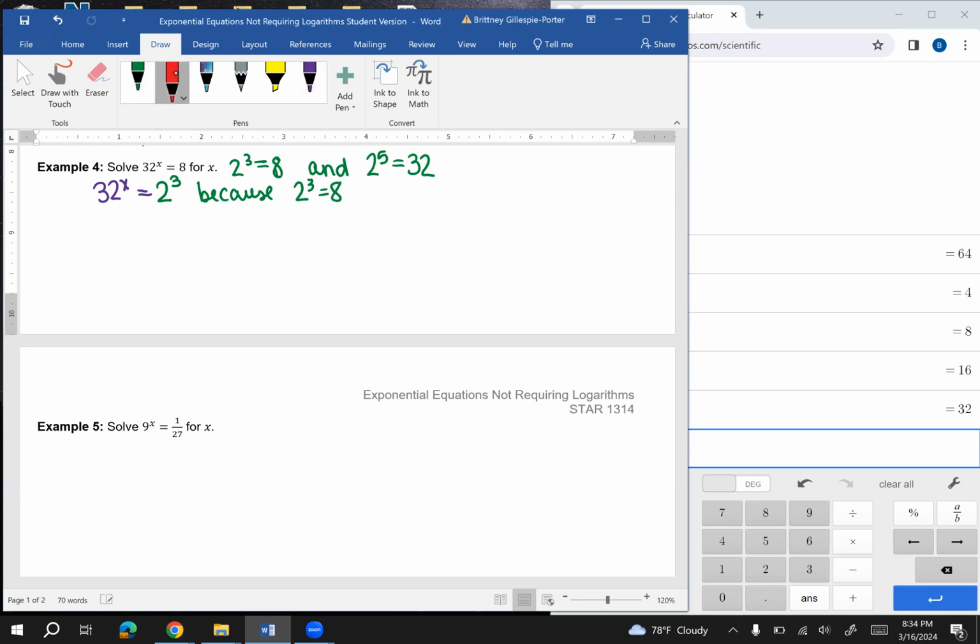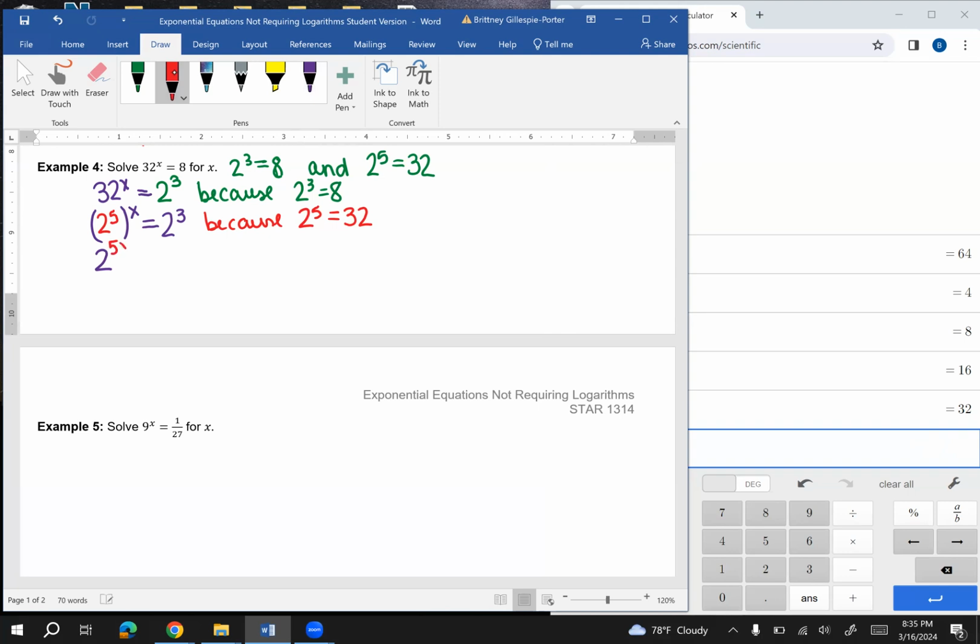And then we found that 2 to the fifth was equal to 32. So I can rewrite my 32 as 2 to the fifth raised to the x, equal to 2 to the third. And that's because my 2 to the fifth was 32. Now you have to remember some exponent rules, because we have an exponent raised to another exponent.